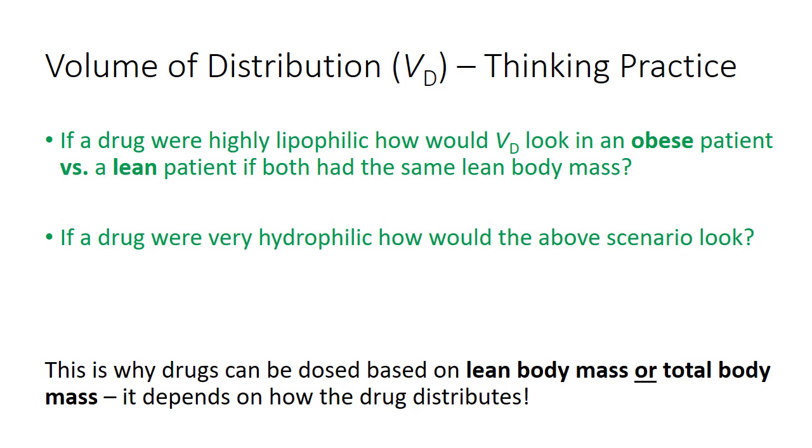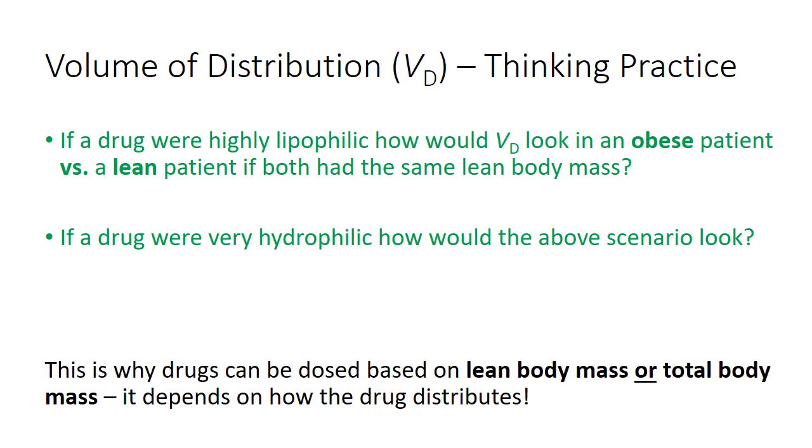Because the only difference is, yeah, your adipose tissue does have blood supply, not very much, and that adds a little bit of volume in the intravascular volume, but for the most part, the drug won't be distributing that much more than normal and won't be diluted that much. So again, that's why you see hydrophilic drugs usually dosed on lean body mass.